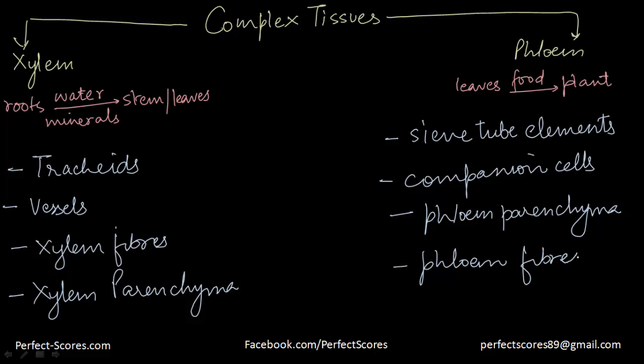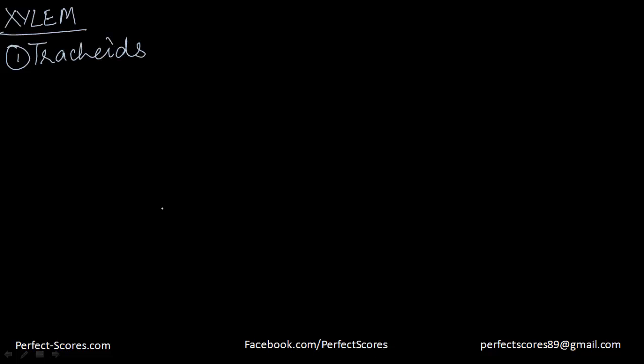So now what we'll do is we'll get started with discussing the different parts of the xylem tissue and then the different parts of the phloem tissue. So let's start with the first one, which is xylem, and under that, tracheids. Now tracheids are tube-like structures.